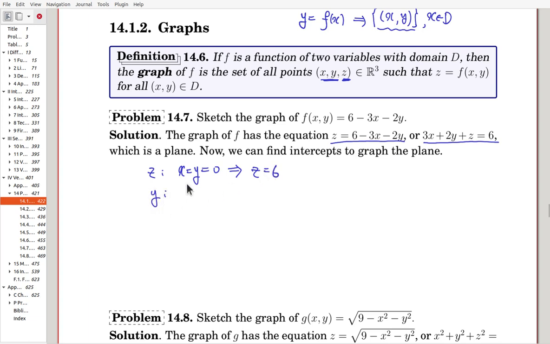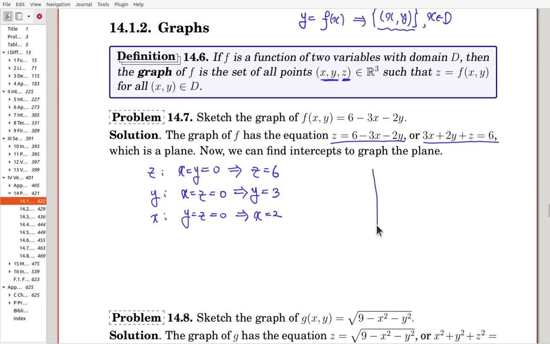In the y-intercept, x and z must be 0. Then from here, y must be 3. Now how about the x-intercept? Then y and z must be 0, so x must be 2.